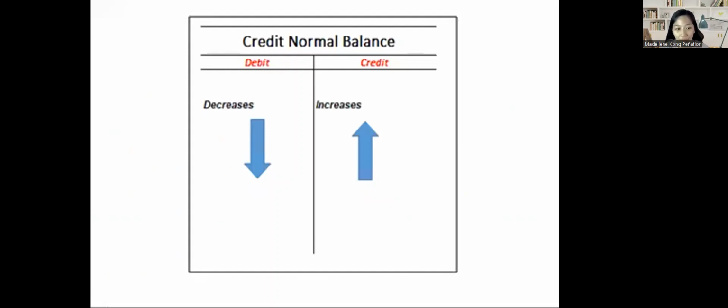Okay. So all we have to remember every time we are making journal entries is that when we record a debit, there must always be a corresponding credit amount and vice versa, because debits and credits in accounting must always be equal.